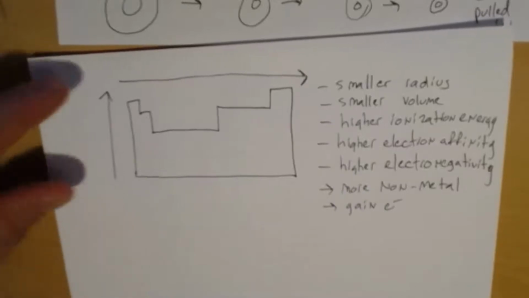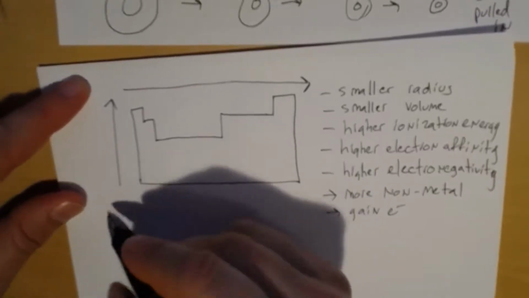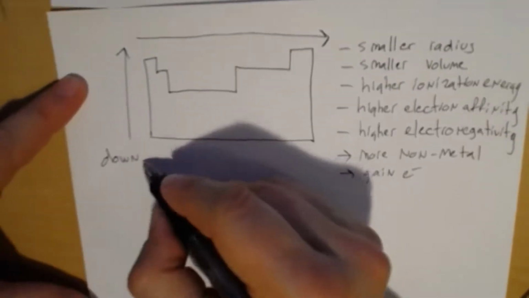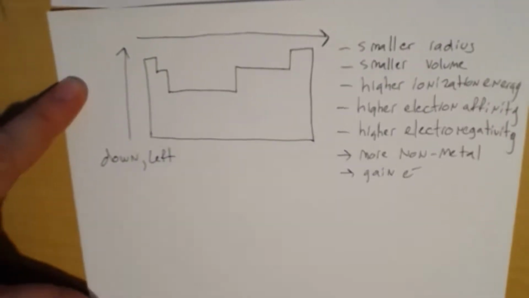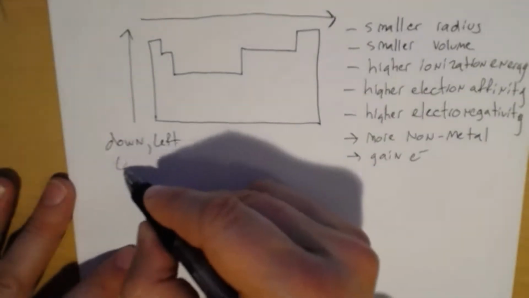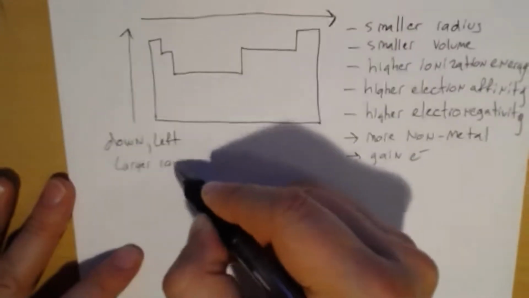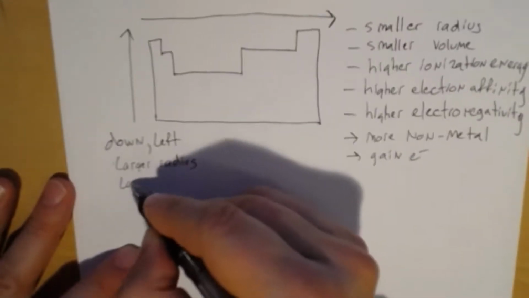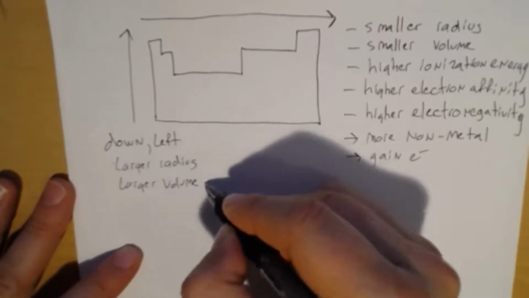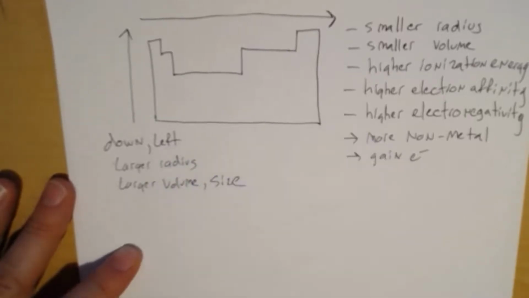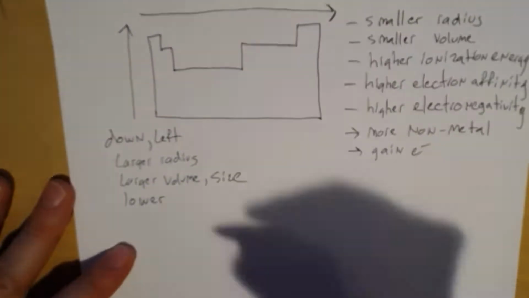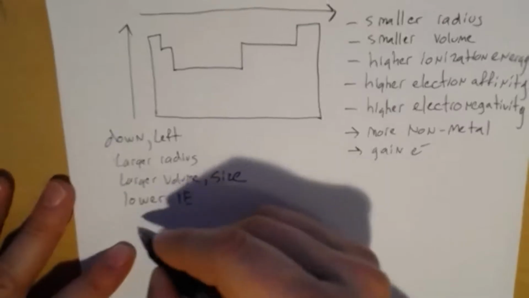As you go down and to the left, so if I go down, I'll write that actually. If I go down left, then I have the opposite. I'm going to have a larger radius, larger volume, size, a lower, I'm going to abbreviate it, ionization energy is IE.